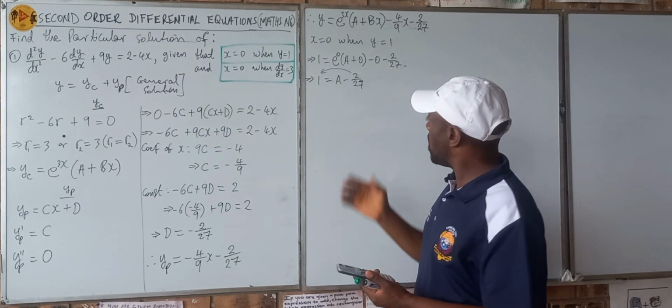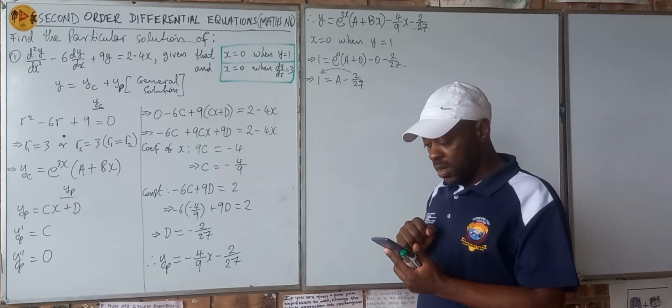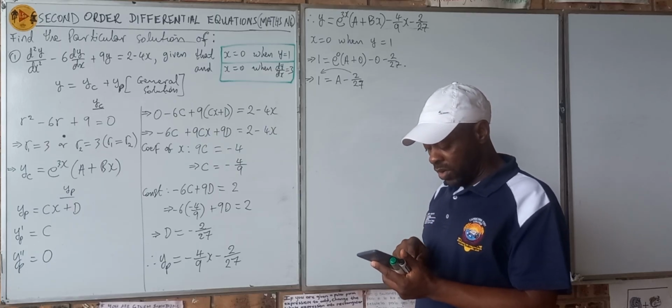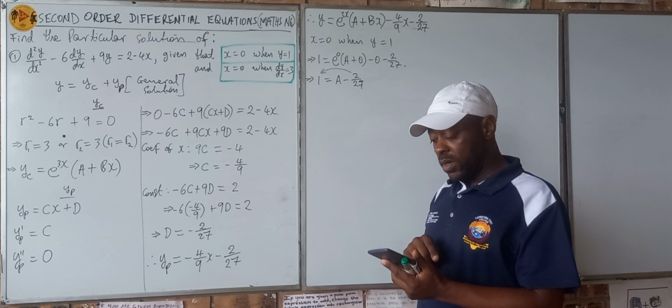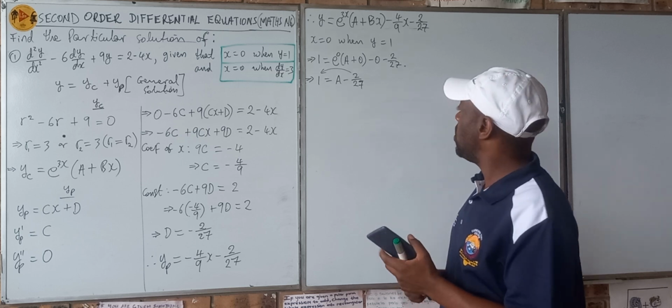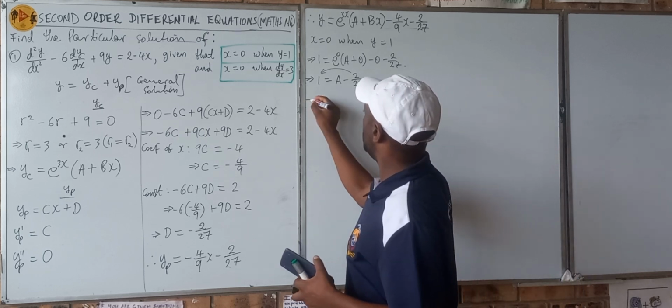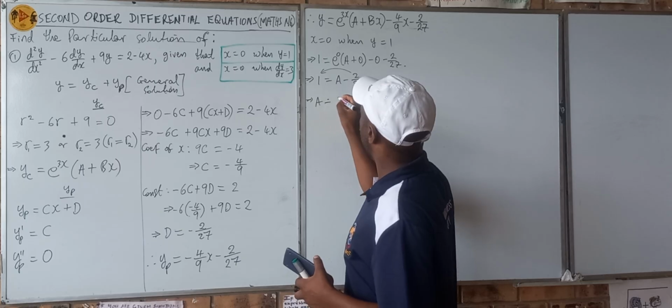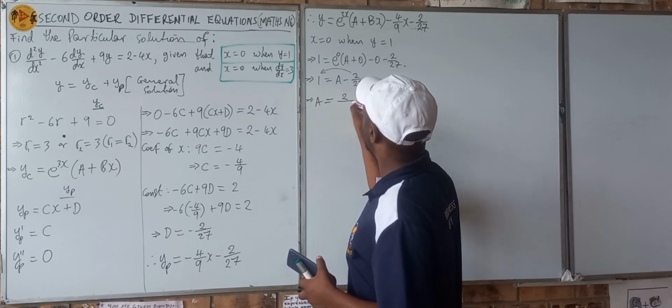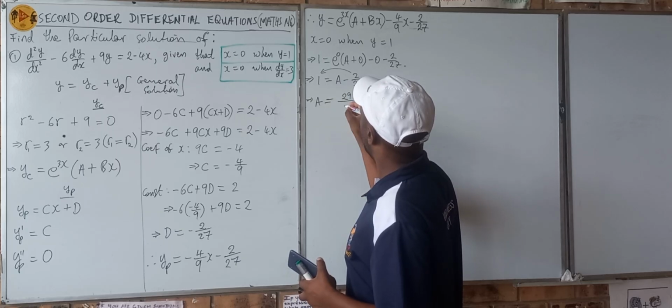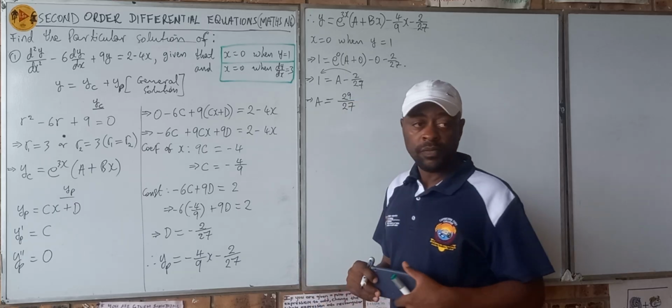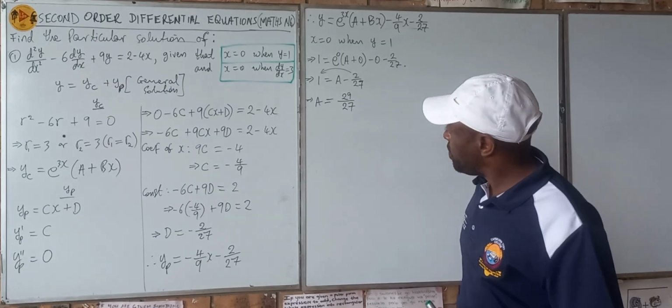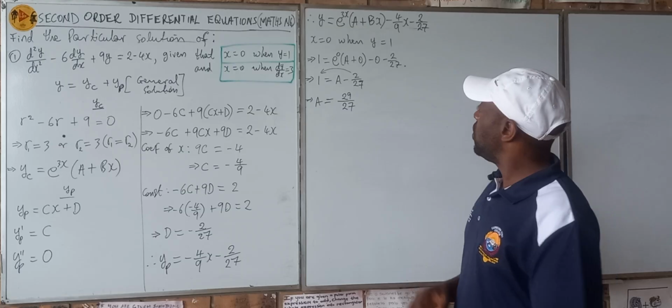Like terms, like members of the same family, must stay together. So I get 1 plus 2 on 27. That gives me 29 on 27. So it means that my a is equal to 29 on 27. So I'm done with a. I'm now left with b.